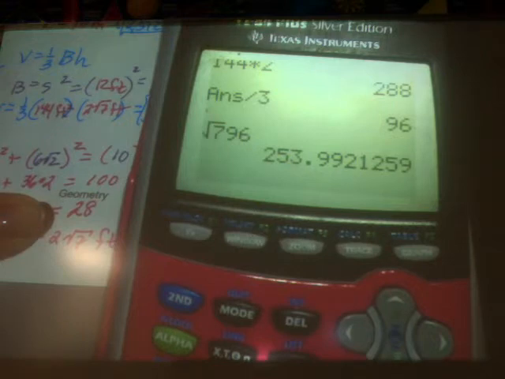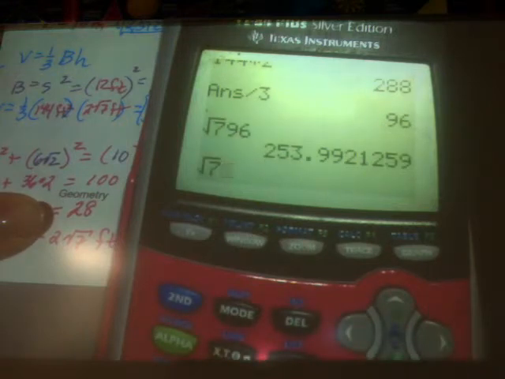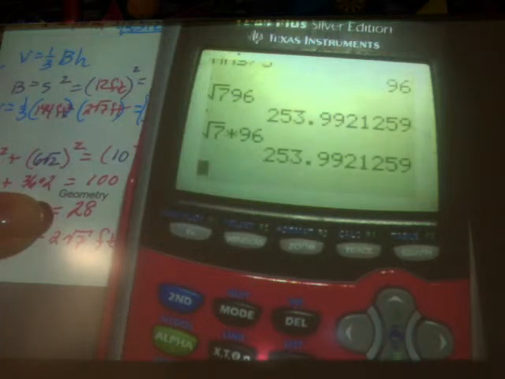Oh, I think that worked. That's already done. All right, so 253.99. If I go out to the 10th, would it be 254? If I go out to 100th, then it'd be 0.99. So it's approximately equal to 254 feet cubed.